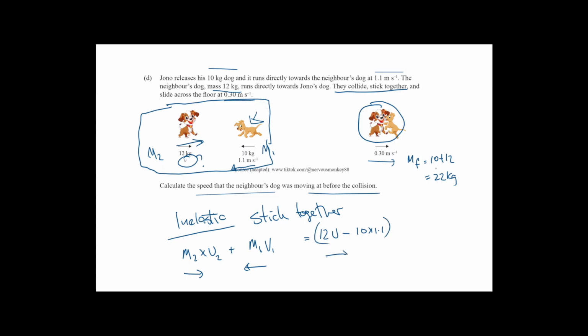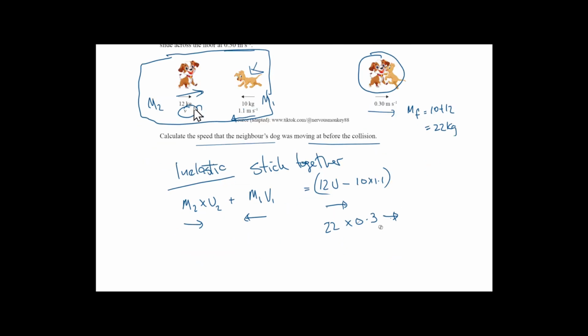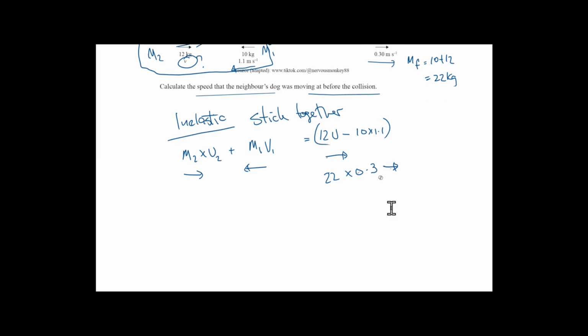And this one here is also going to be in this direction. So the final momentum is going to be 22 kg times 0.3 meters per second, also in that direction. So now we can find out what the velocity of this dog was.